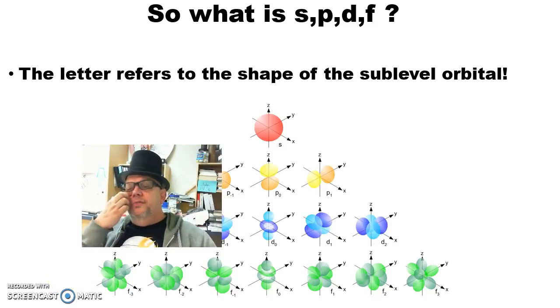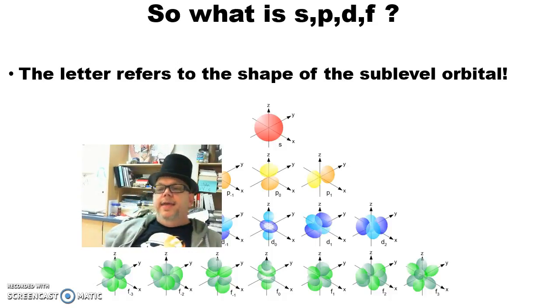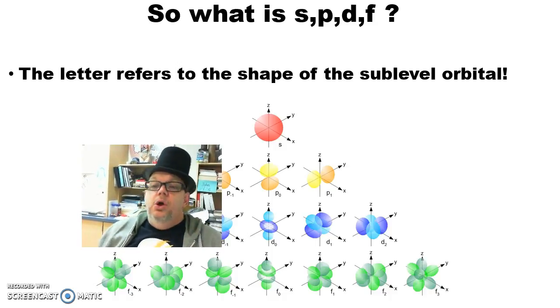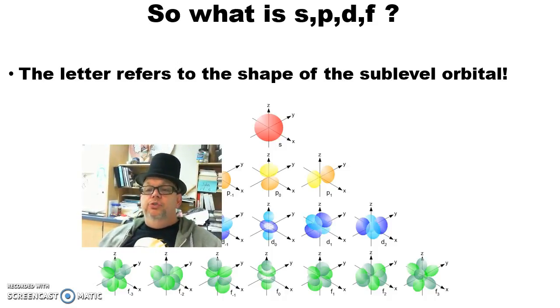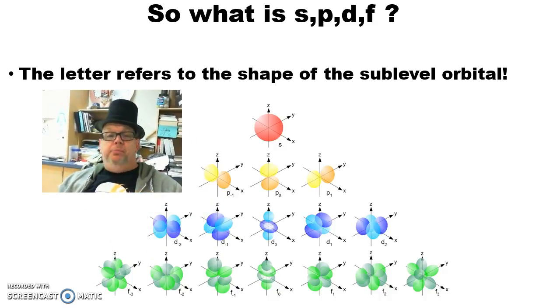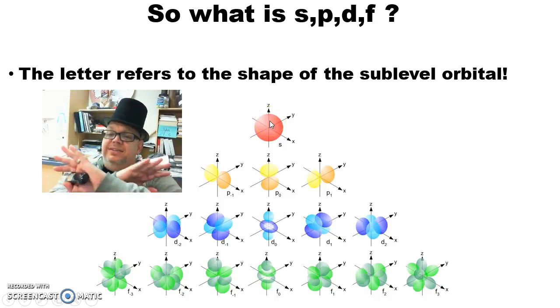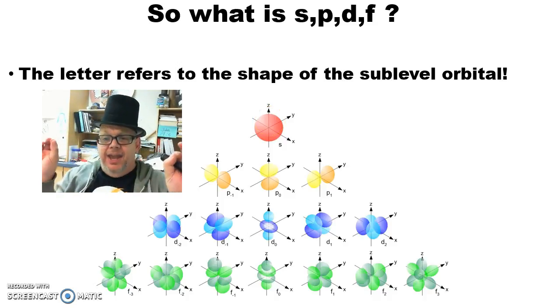So the letter refers to the shape of the sublevel orbital. Notice we didn't say n is 0 and n equals 1. Now for level 2, there's only 2 possible sublevels. There's sublevel S, where every level has a sublevel S. It's automatic.